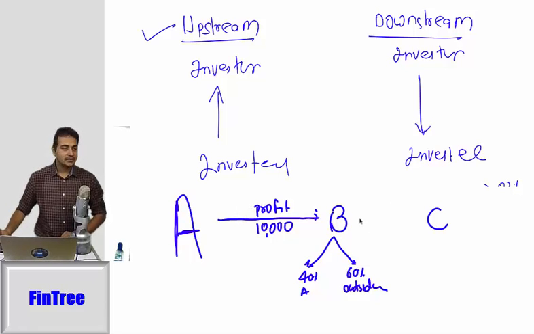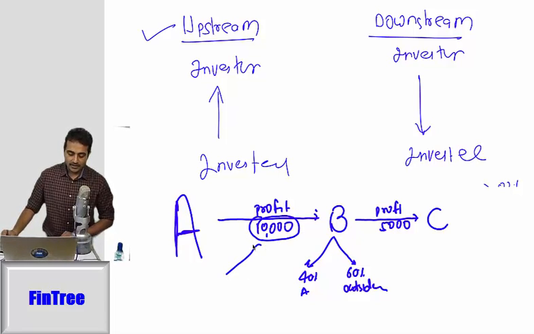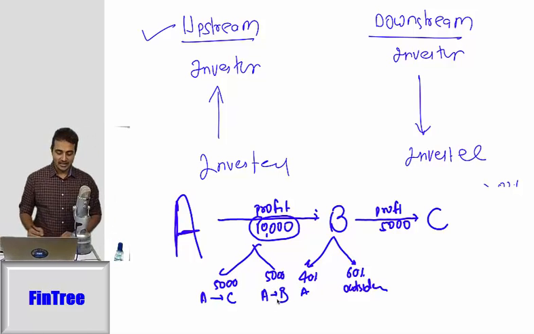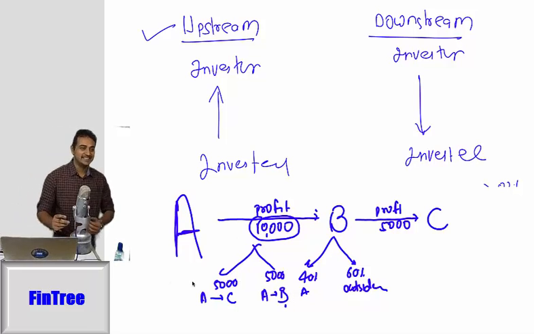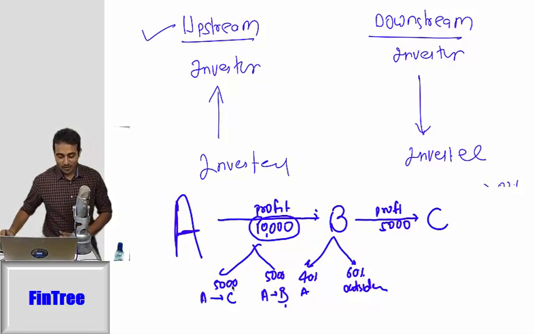B sold to C half of those goods. So that means in this process he made a profit of 5,000. So what it actually means is कि ये जो profit 10,000 का है, 10,000 में से 5,000 का profit is A sold to C और 5,000 का profit A sold to B. But 40% of B is A.